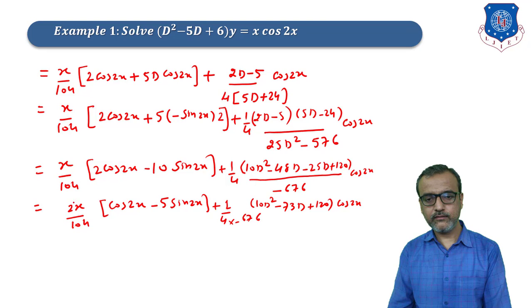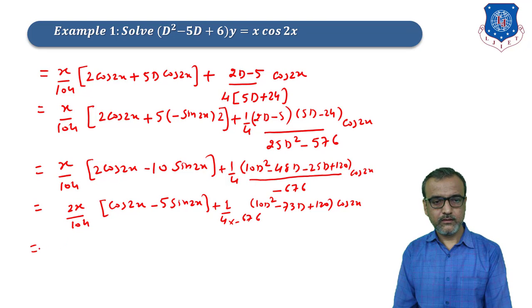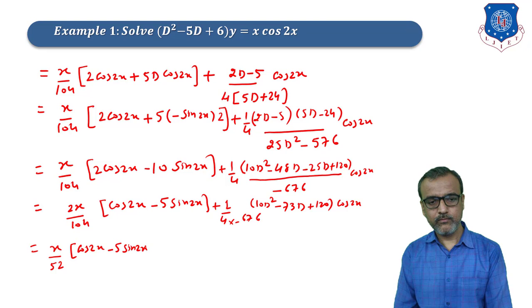Now 2 upon 104, that is x upon 52. Cos 2x will be as it is, minus 5 sin 2x will be as it is.